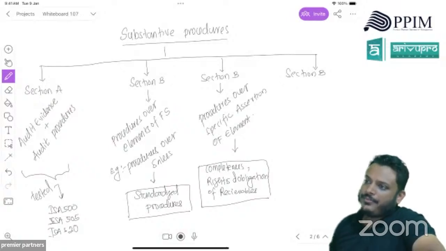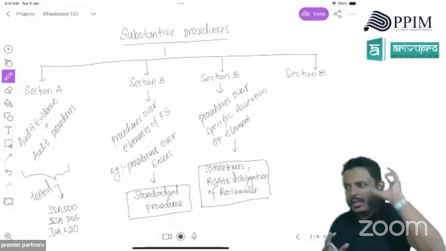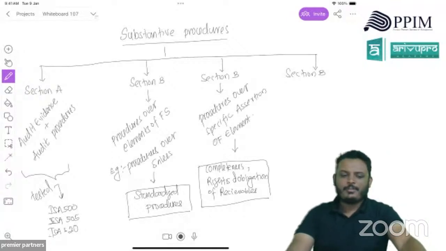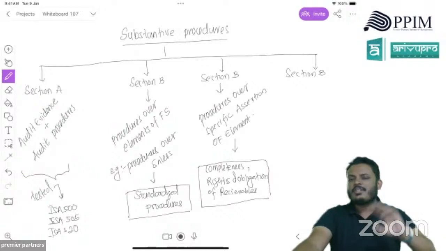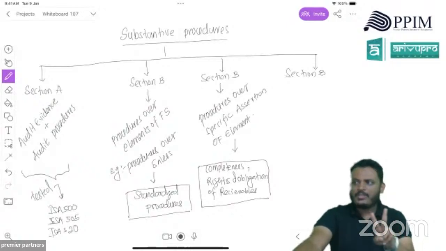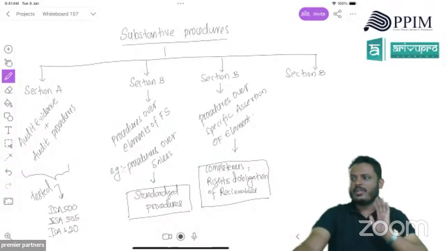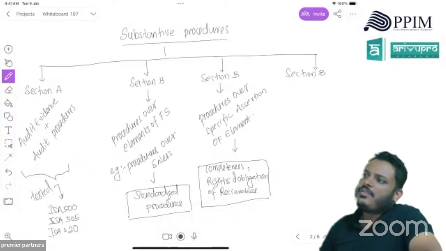Earlier, the standardized procedure was procedures over receivables. The second one is only completeness and rights and obligation of receivables. So you can't write receivable valuation, existence, or classification and presentation. Only completeness and rights and obligation. These two assertions of receivables you should satisfy. This is called procedures over specific assertion.